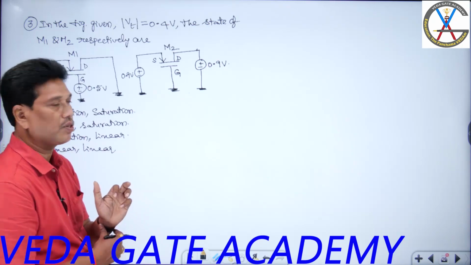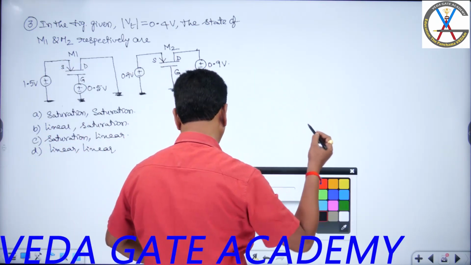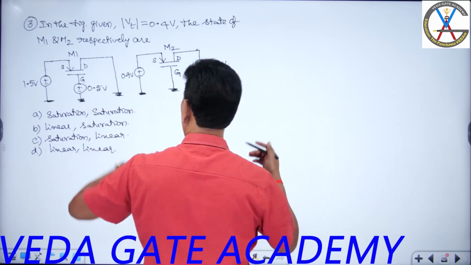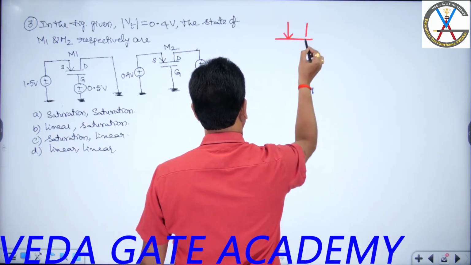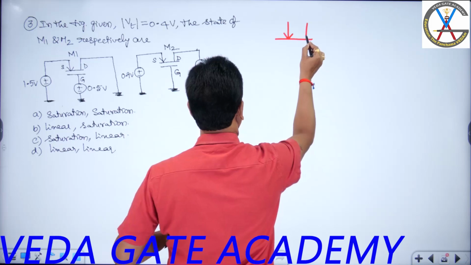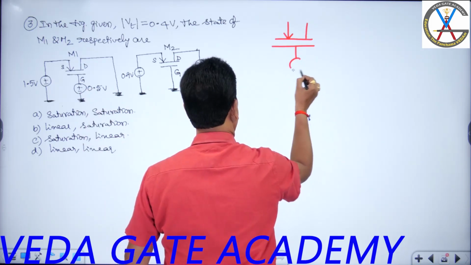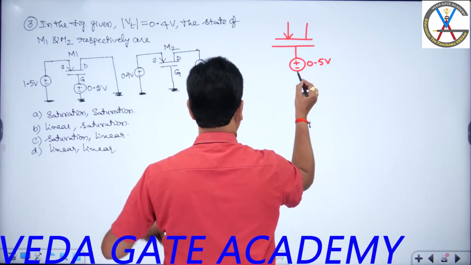Now I can redraw that circuit, students. Check this. What are the things given? Two MOSFETs are given. Both are PMOS, students. So first one I can go. This is the first one. So the gate terminal is connected to a 0.5 volt supply, so it is grounded, sir.